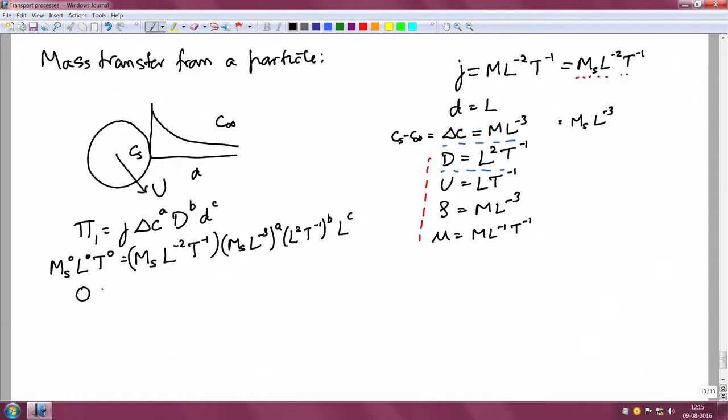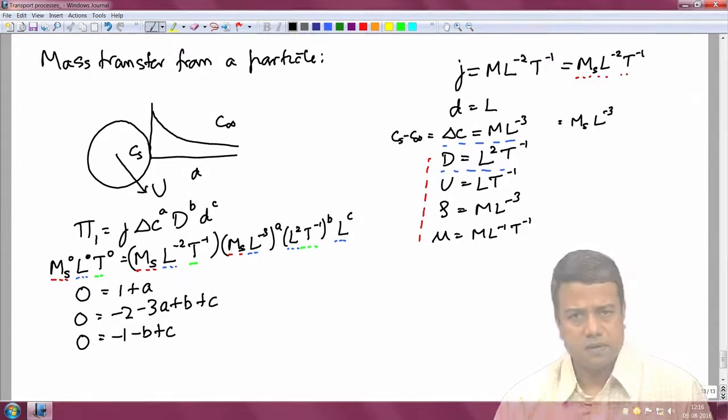So if you take just the mass of solute dimension, I will get that 0 is equal to 1 plus A. If I take the length dimension, I will get 0 is equal to minus 2 minus 3A plus B plus C, and finally the time dimension will give me 0 is equal to minus 1 minus B plus C. And this you can solve relatively easily.